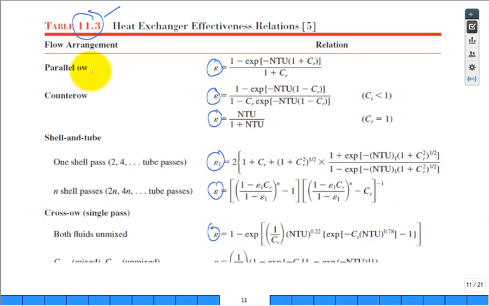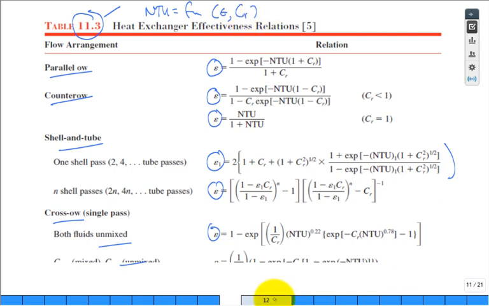Oh, you have parallel flow, you have counter flow, shell and tube, cross flow, blah, blah, blah. Different categories, configurations, and conditions. Some of them don't look too pleasant. Aren't you glad a graduate student did it before? Or maybe a faculty member, maybe? Published it? There's another table where the NTU is equal to a function of the effectiveness as well as CR.